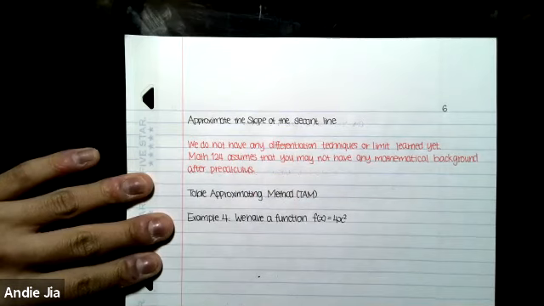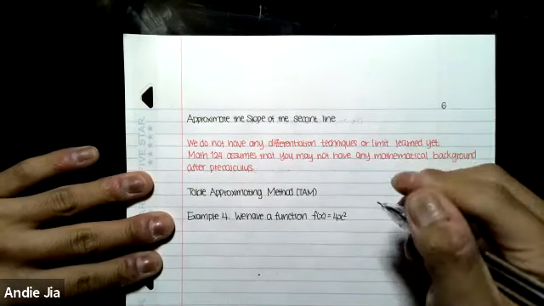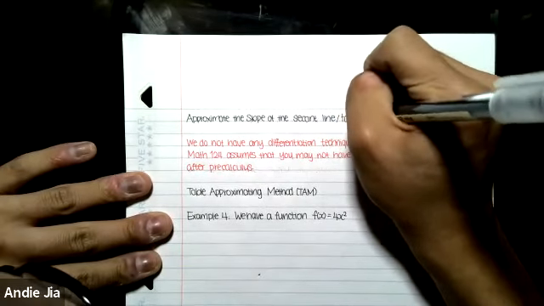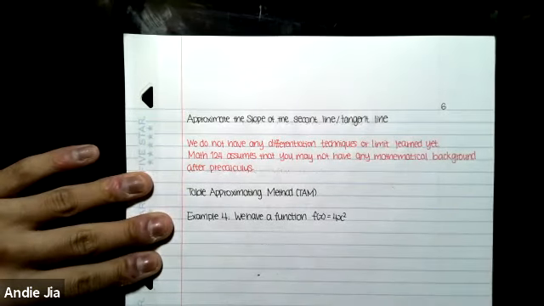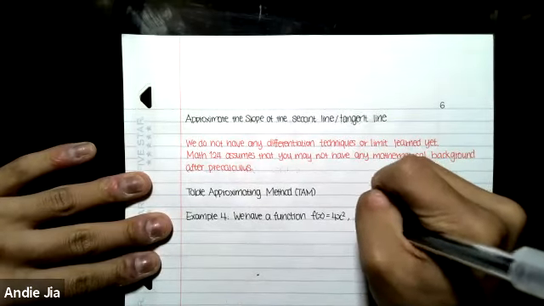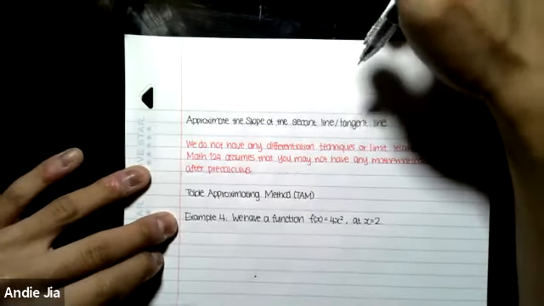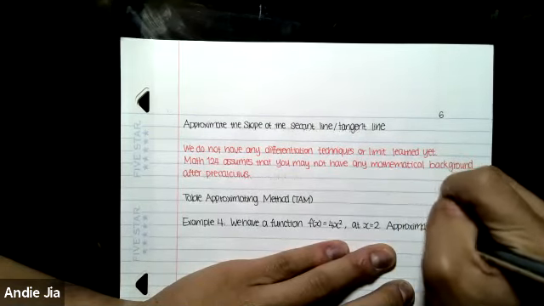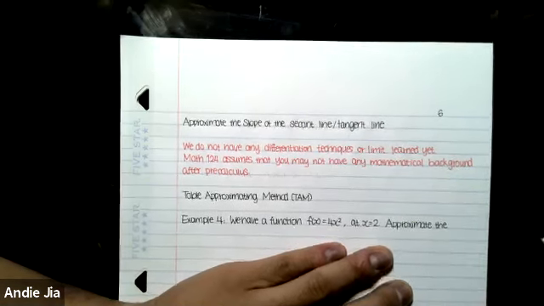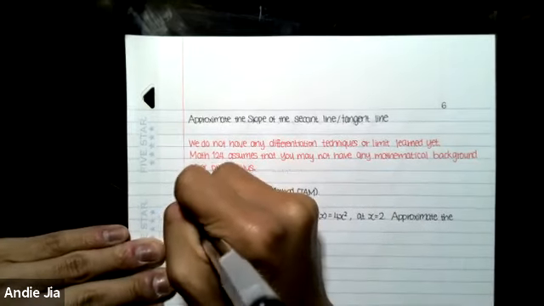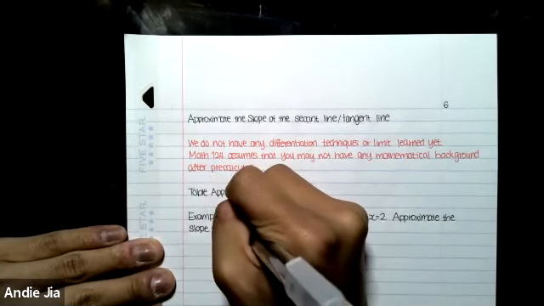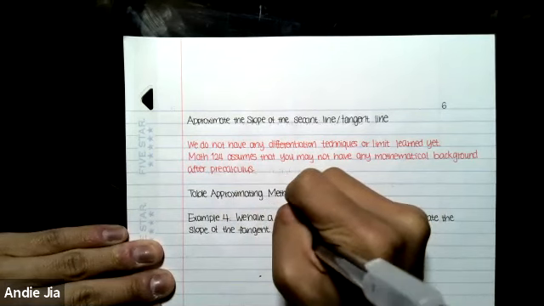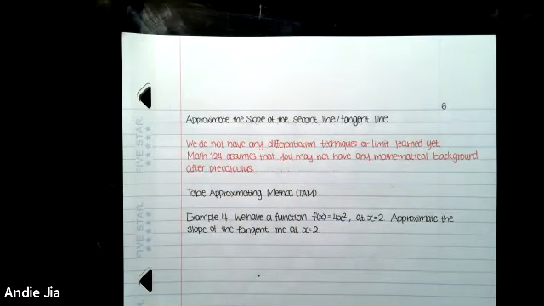We then compute the slope of the tangent line at x equals 2, and approximate it.